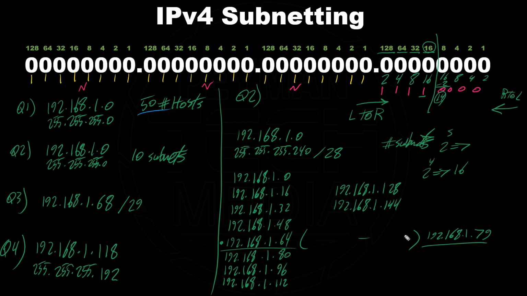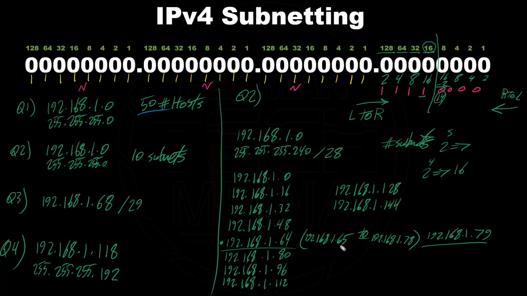So any IP addresses in between, these are the available IP addresses. What would be the first available IP address? 192.168.1.65. And the last one, 192.168.1.78.